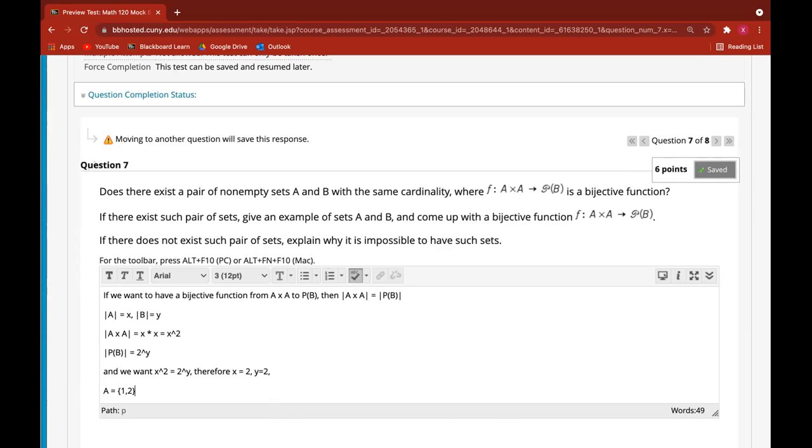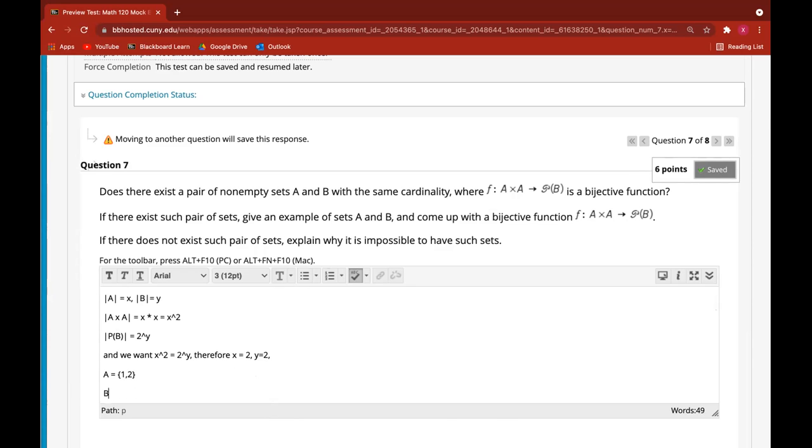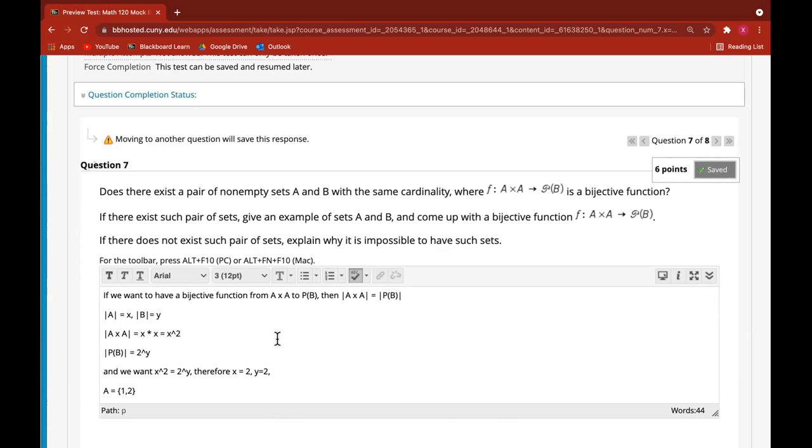So if you do 1, 2, and let B be 3, 4, that's fine. You just let A and B be any set with 2 elements. Any questions here?